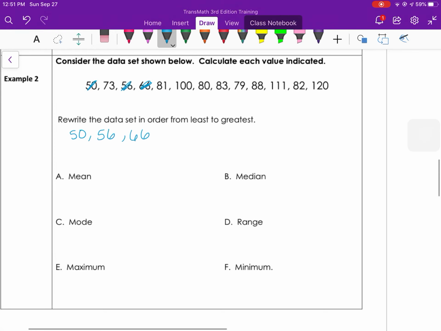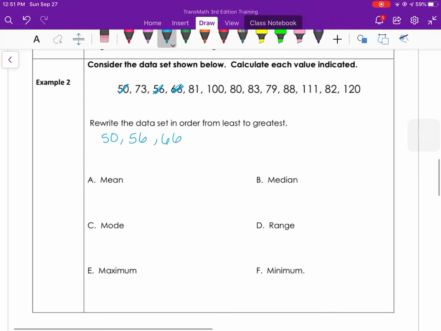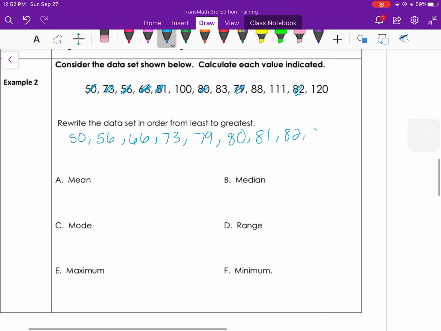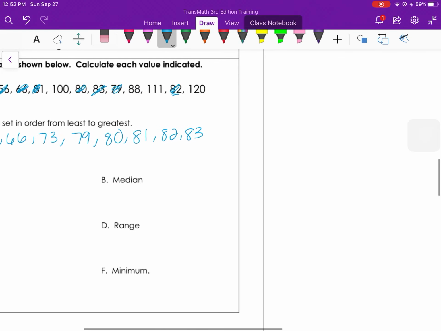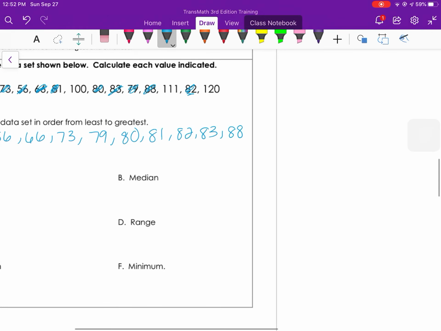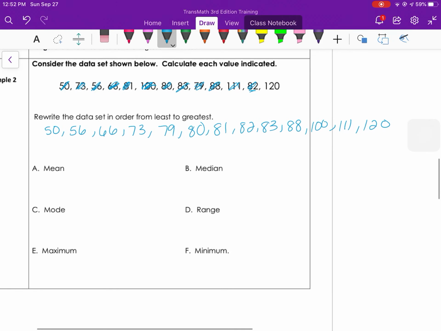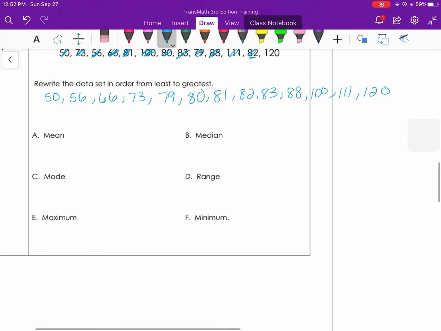Next smallest, 66, and then 73, and then 79, 80, 81, then 82, and 83, 88, 100, 111, and then finally our largest is 120.